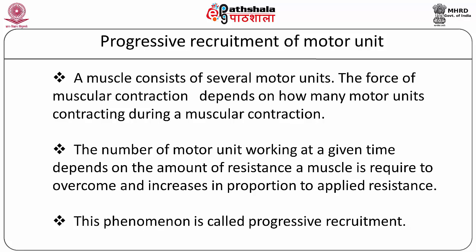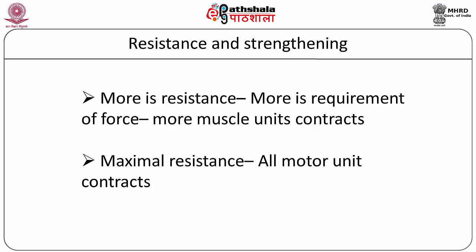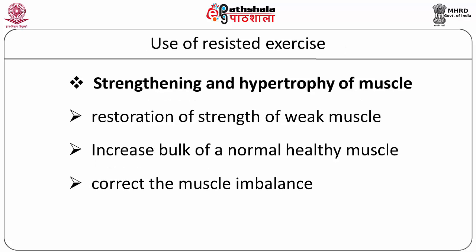This phenomenon is called progressive resistance. While working against less resistance, all the motor units do not contract. In order to maximally recruit all motor units, a muscle should be made to contract against the maximal possible resistance. Repetitive contraction against maximum resistance leads to an increase in the strength and size of muscle.